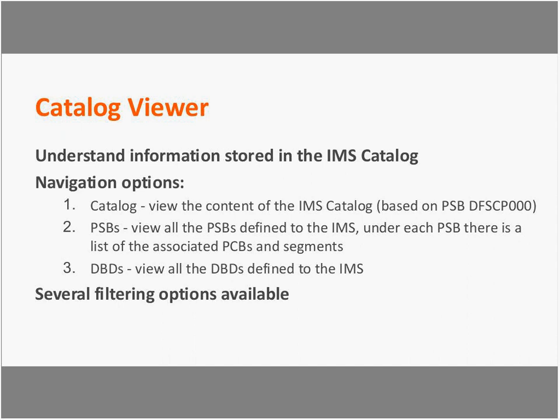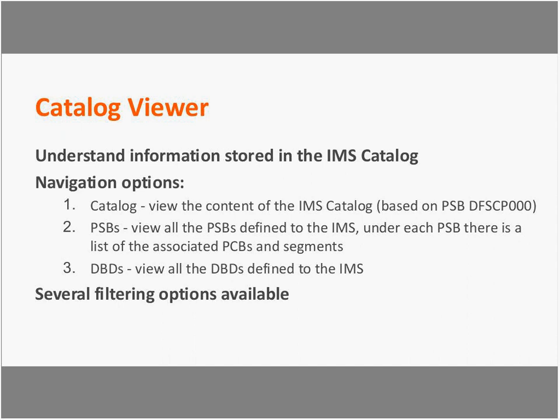From that navigation tree, then you can look at the information that's housed in the catalog. Navigation options are via the catalog HALDB database, or you can do navigation based upon PSBs to view specific PSBs or all PSBs that are defined in the catalog.